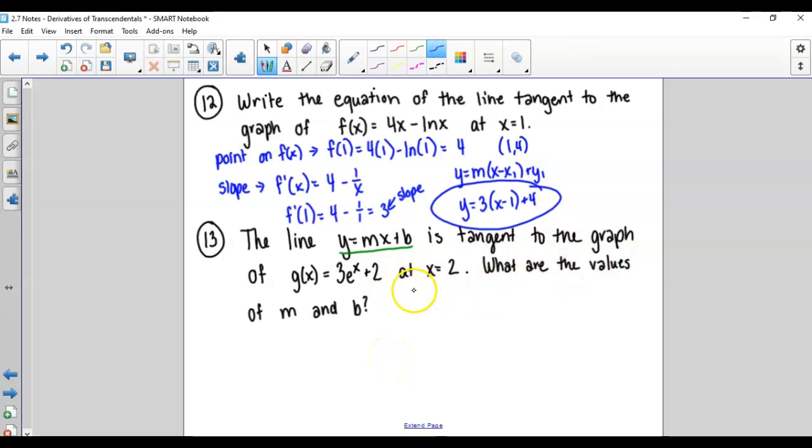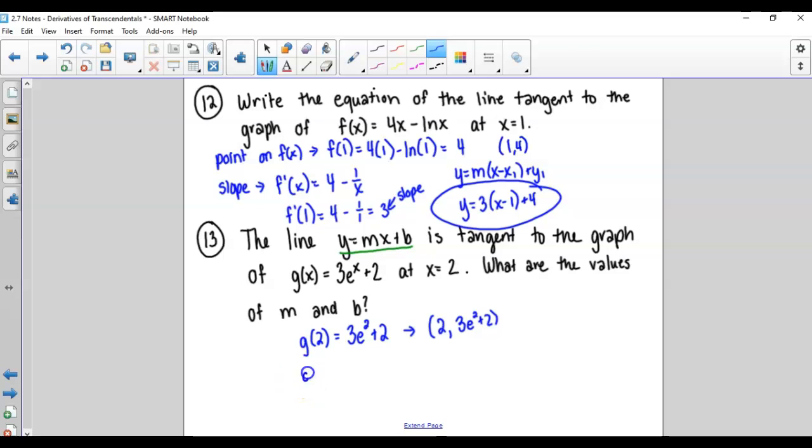So we need a point here, so we're going to do g of 2 to get our point, which is going to be 3e squared plus 2. And if this is calculator inactive, we really don't know what that is, so we just have to leave this point as (2, 3e squared plus 2).